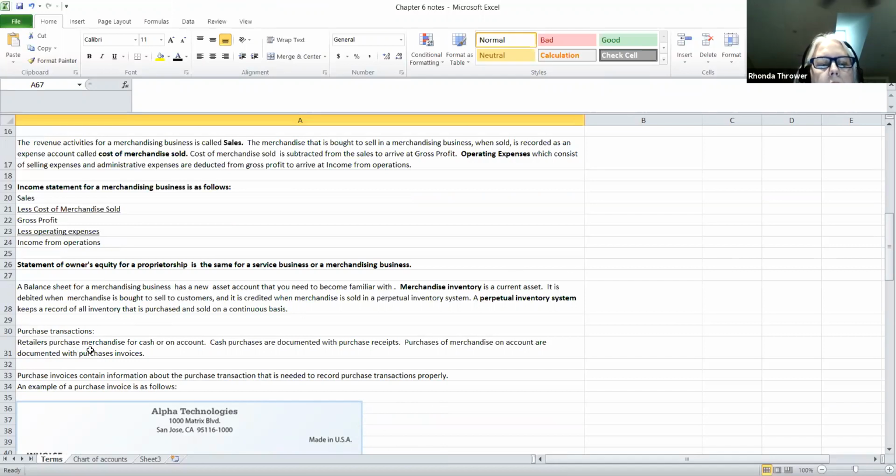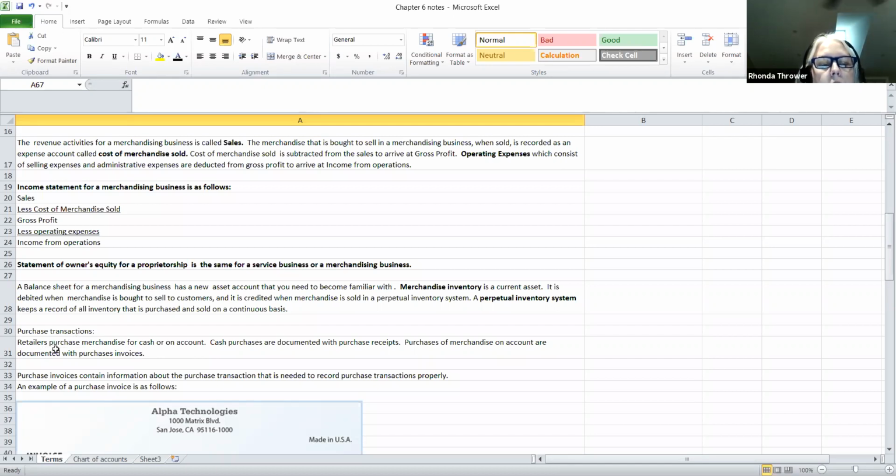Because we buy merchandise to resell to our customers to earn a profit in a merchandising business, we're going to either sell that merchandise for cash or sell it on account. We're also going to be buying the merchandise either for cash or on account. So in the transactions that we're going to talk about today, they're going to be purchase related transactions.